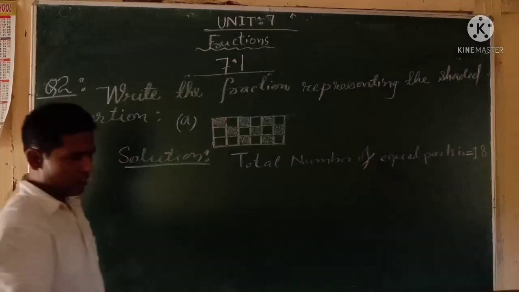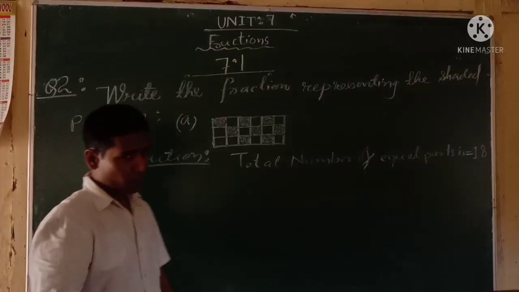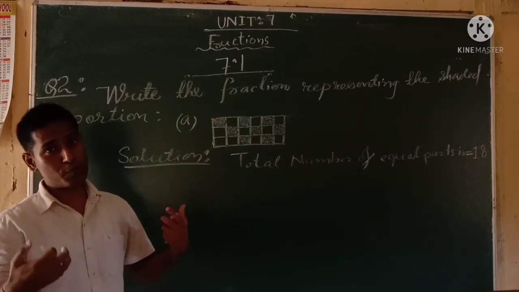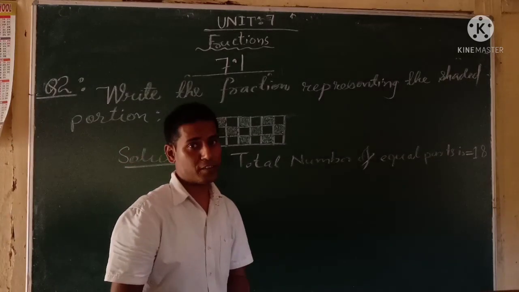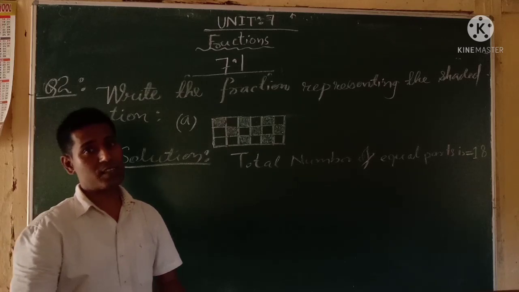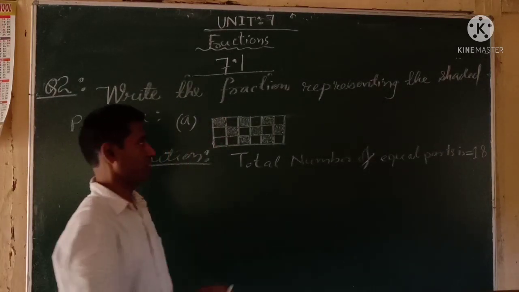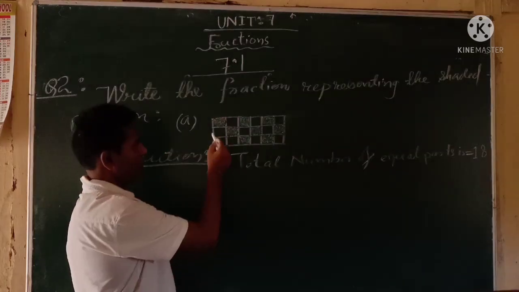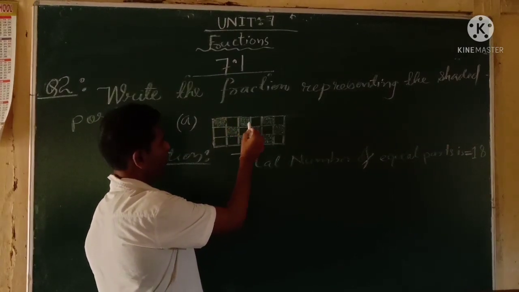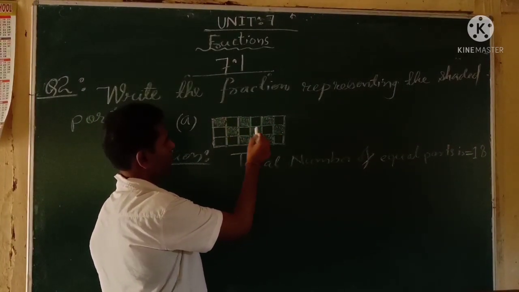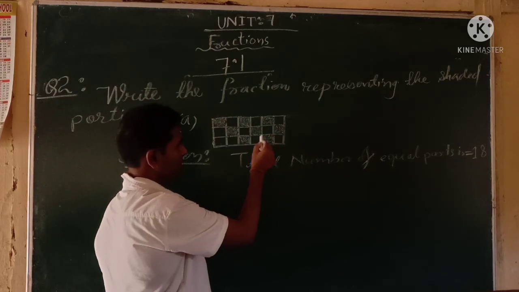Now observe how many parts out of these 18 equal parts have been shaded. Let us count again: 1, 2, 3, 4, 5, 6, 7, 8.